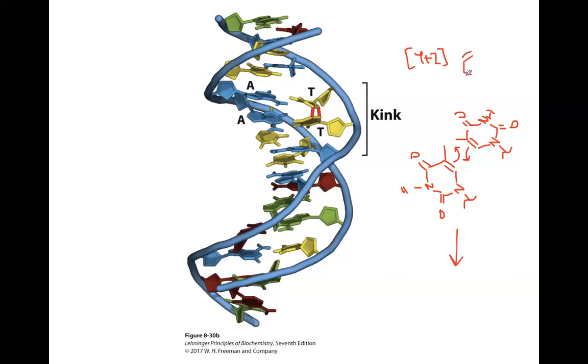Diels-Alder reaction, correct. So you have 2 double bonds plus 1 double bond forming a cyclohexene ring, right? Like so. And so the arrow goes this way, and this arrow goes this way, and this double bond moves over here. So this is a 4+2 reaction, known as a Diels-Alder.